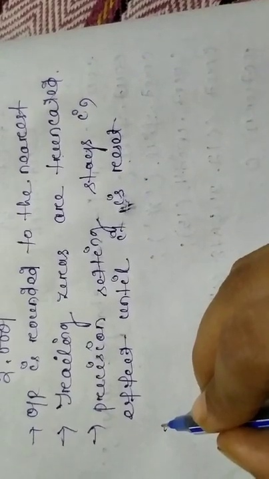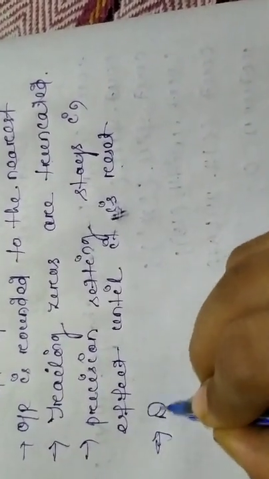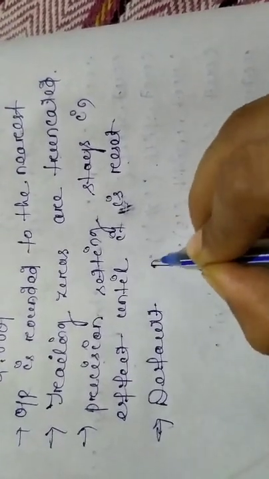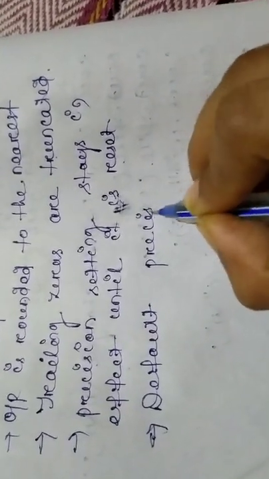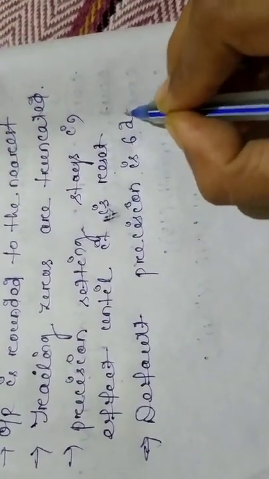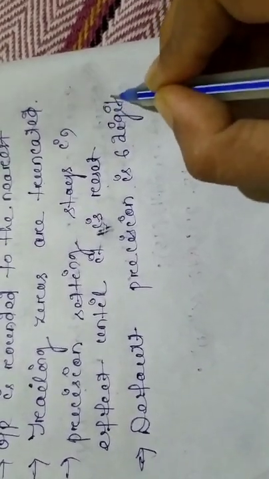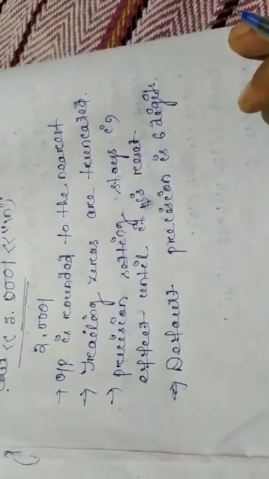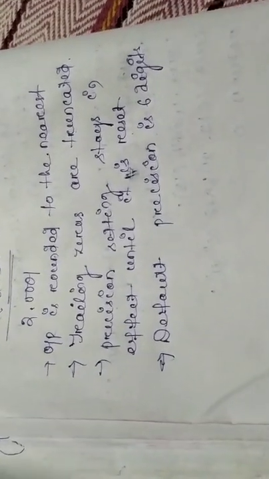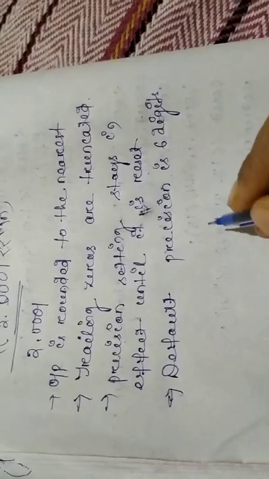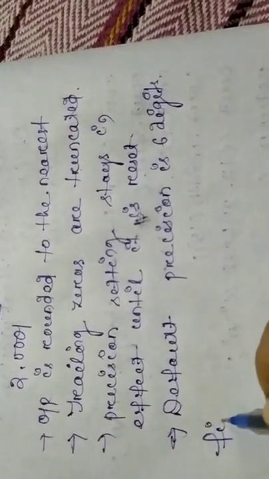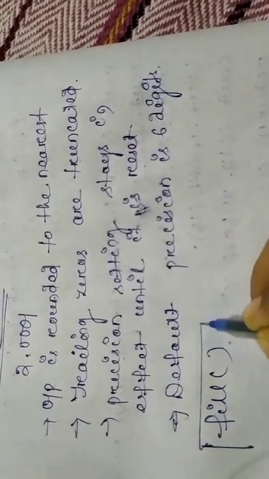And the last point is the default: if we do not set any precision value, then the default precision is 6 digits. So these are some important points about the precision function. You have to remember all of this. Next we'll study the fill function.